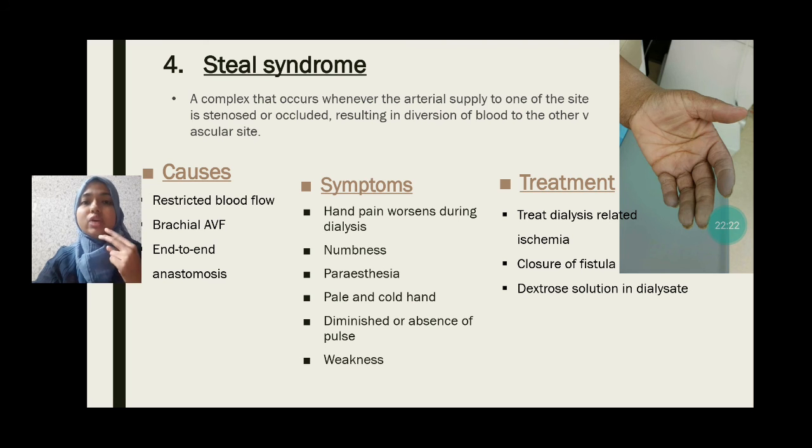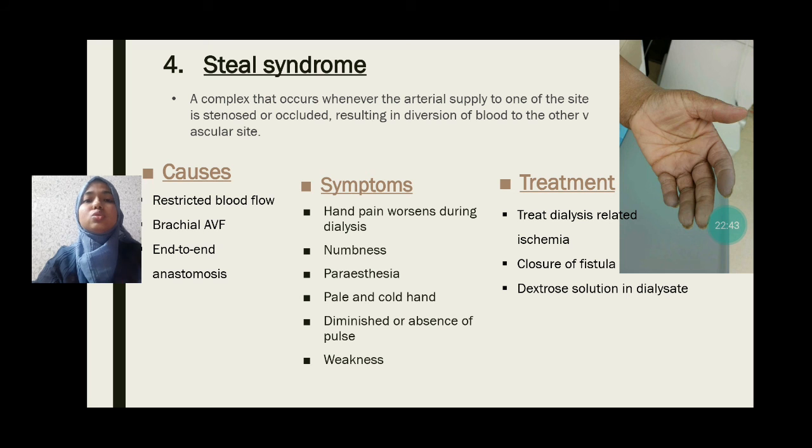What is an AV fistula? First of all, AV fistula is arteriovenous fistula. For example, if we take that an artery flows at the rate of 600 ml per minute.